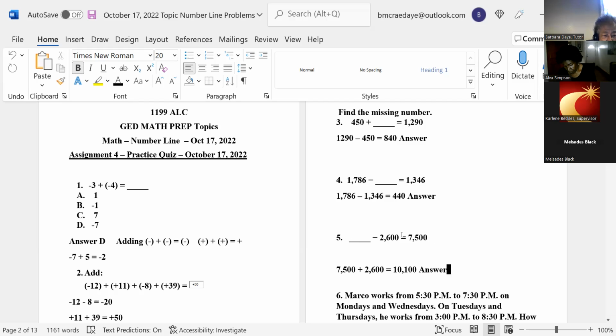You've got to have a number bigger than 7,500, right? Yes. Because if you gave somebody $2,600 and were left with $7,500, then you must have started out with a larger number. That's why your small number does not make sense, right?